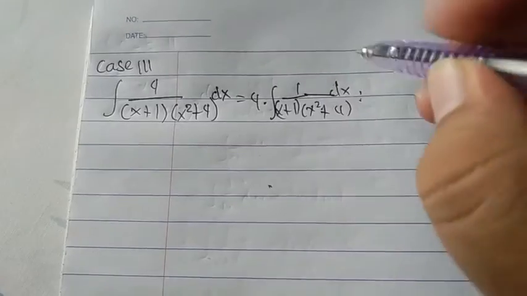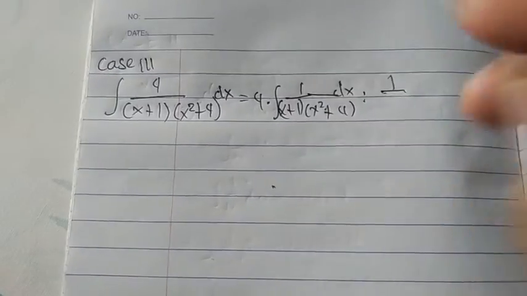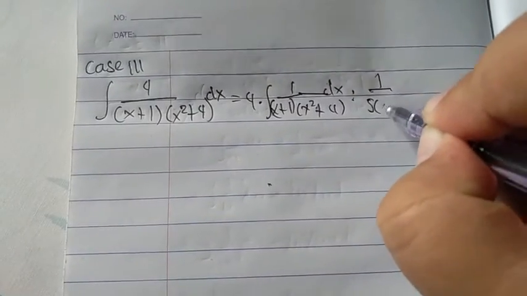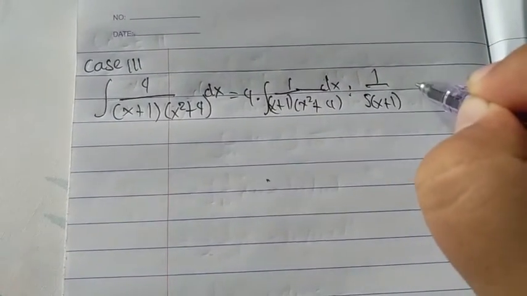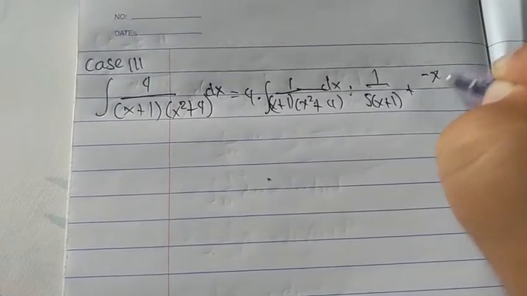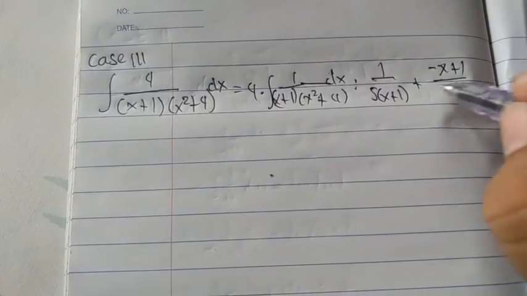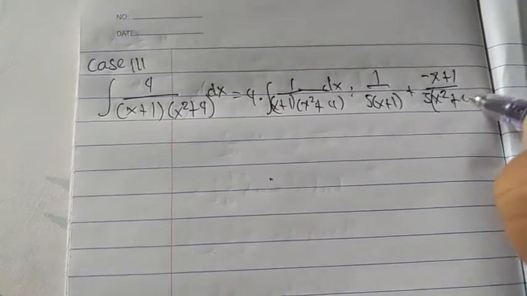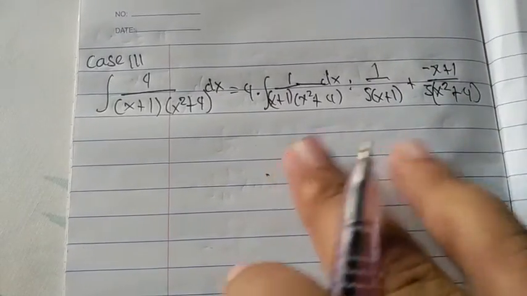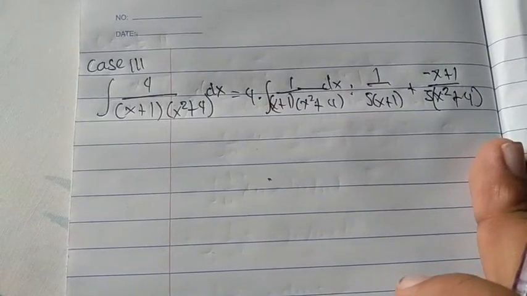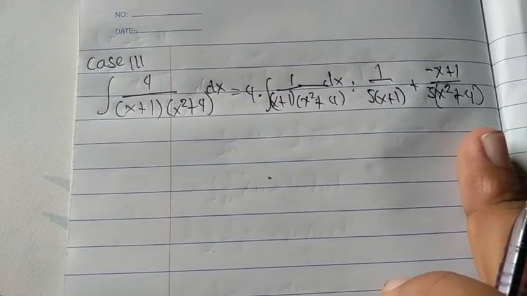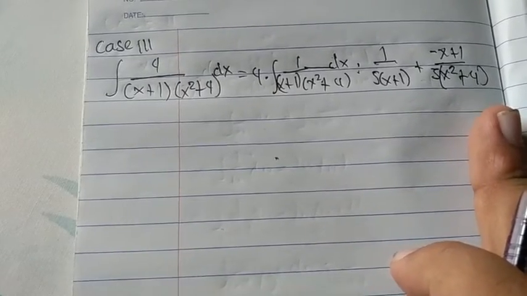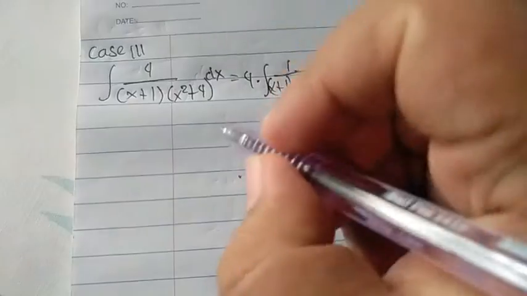This will be 1 over 5(x plus 1) plus negative x plus 1 over 5(x squared plus 4). Then after taking our partial fraction, we solve this part by combining this part, by the way.